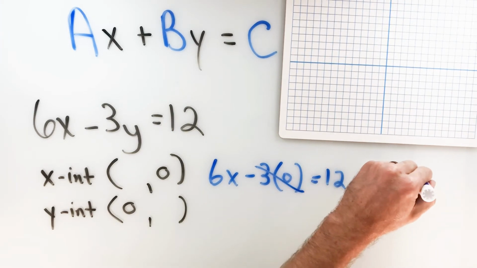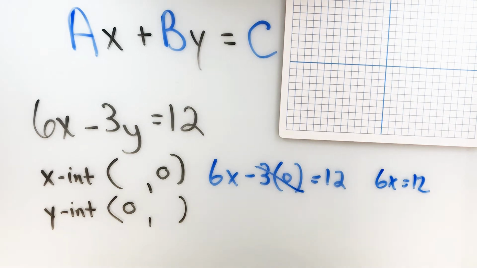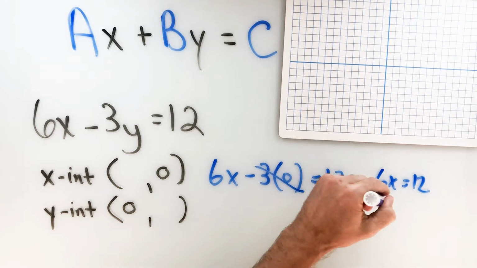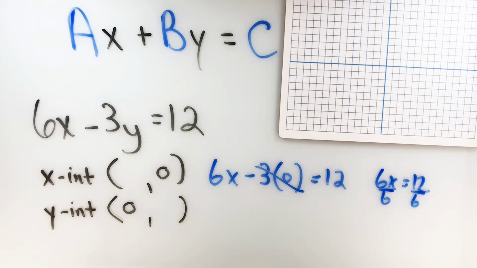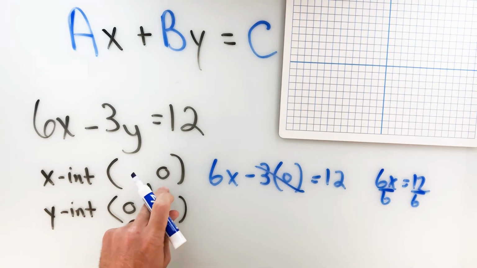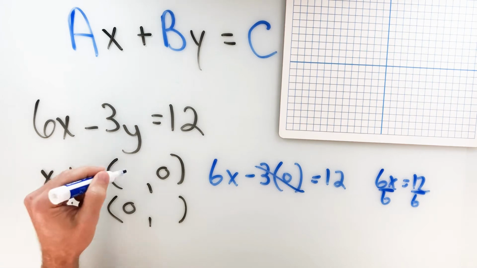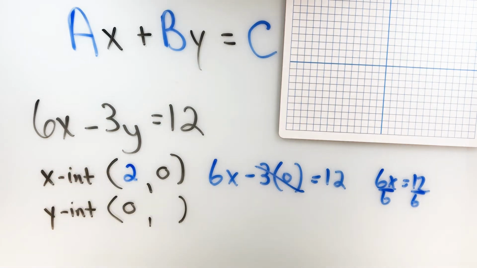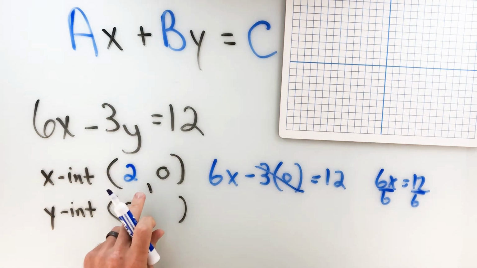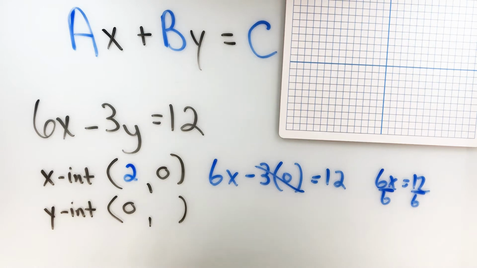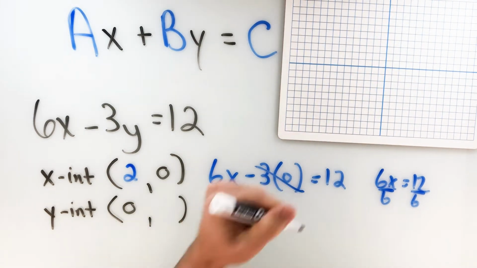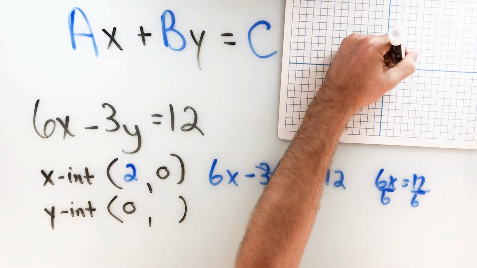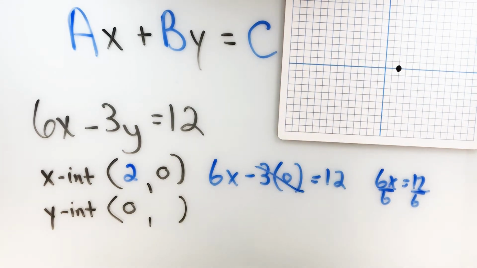And if 6x equals 12, what would x have to be? I would divide both sides by 6, and 12 divided by 6 is 2. So when the y value is 0, the x value is 2. And that is the x-intercept of this line. So I can go over here to my graph and plot that point (2, 0), which is right there.